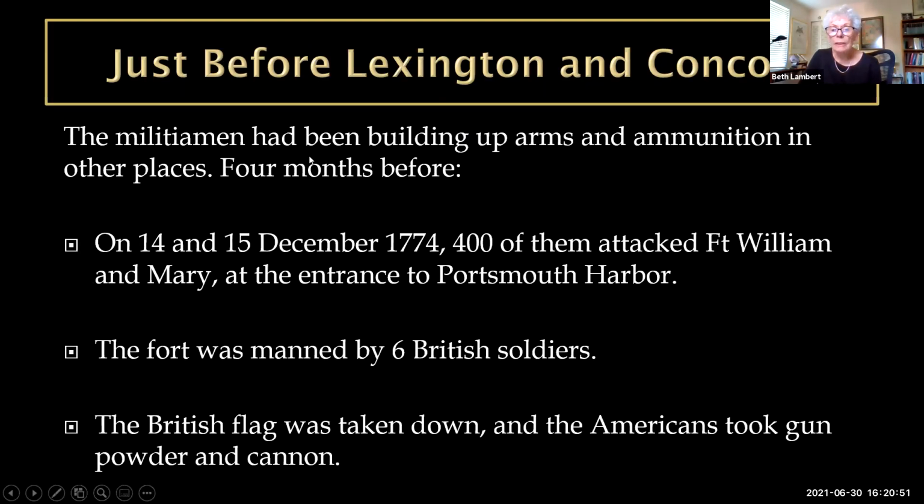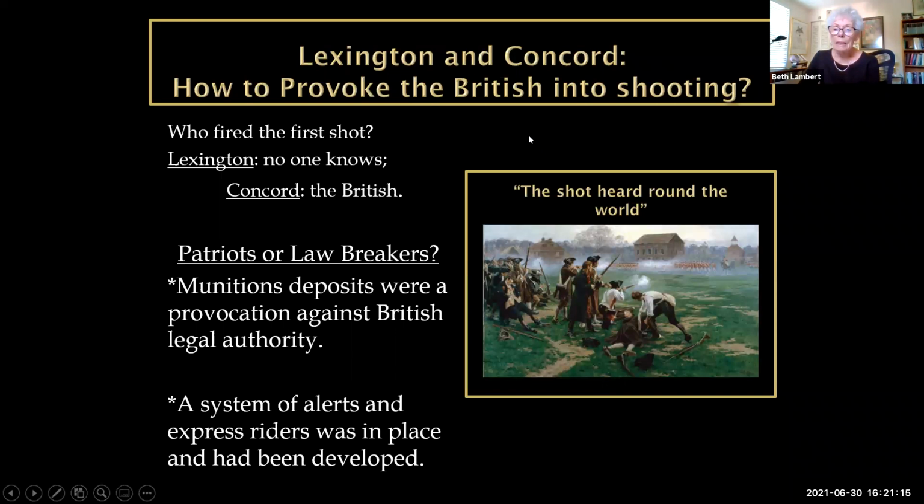So before Lexington and Concord, the militiamen had been building up arms and ammunition. And 4 months before Lexington and Concord, a bunch of colonists attacked a fort, Fort William and Mary at the entrance to Portsmouth Harbor. The British flag was taken down and Americans took the munitions. Lexington and Concord, how to provoke the British into shooting.